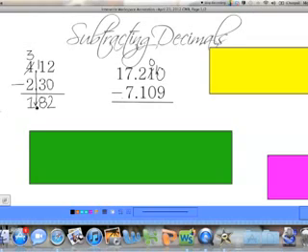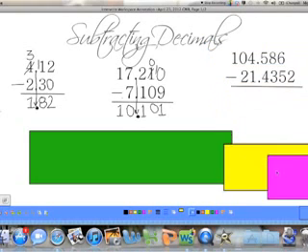So this 0 becomes a 10, and 10 minus 9 is 1. 0 minus 0 is 0. 2 minus 1 is 1. 7 minus 7 is 0. And lastly, 1 minus nothing leaves us with 1. Alright, last step is to bring down the decimal point. And so our final answer becomes 10.0101.